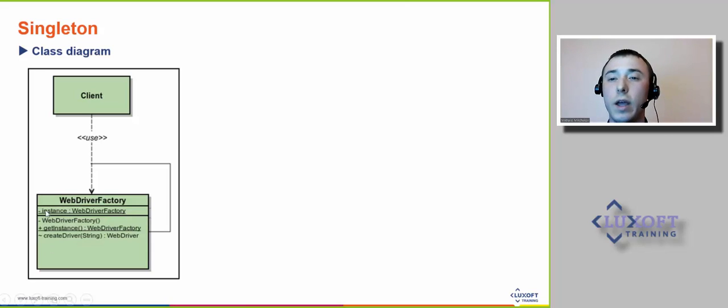So we have a private static final field instance, in our case it's named instance and of type WebDriver factory, a private constructor, a getInstance method that returns us the WebDriver factory object, and we have here in our case a createDriver method. It's public or protected.